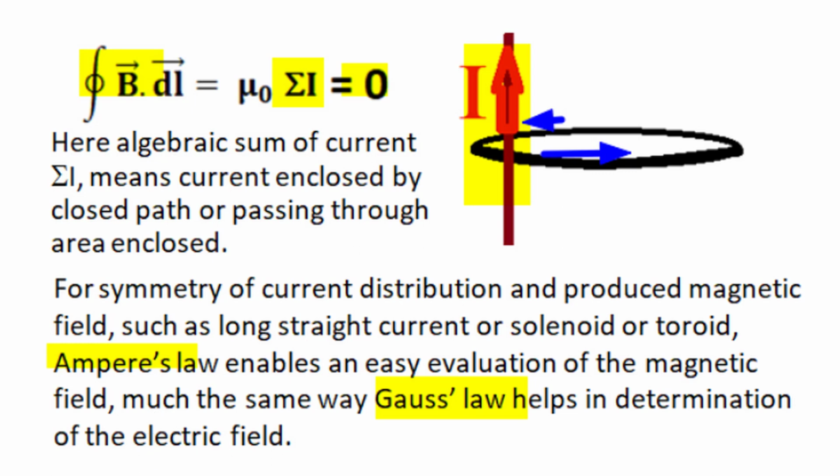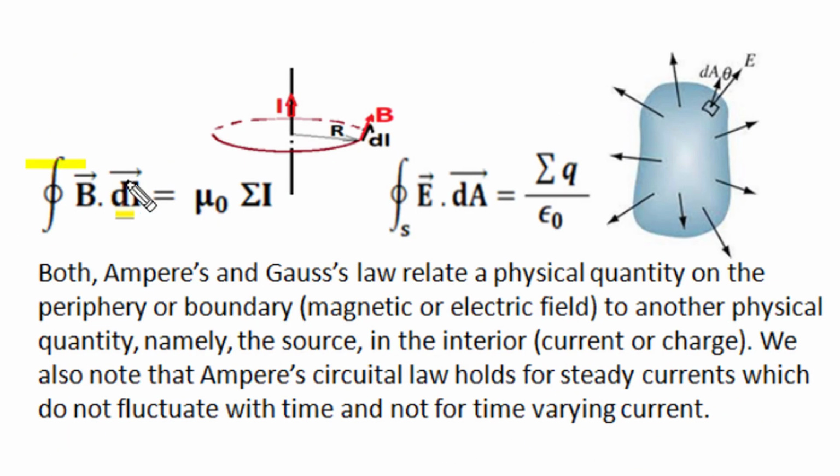of field. In application approach, Ampere's law in magnetic field and Gauss's law in electrostatics are quite identical, and both help us in easy evaluation and determination of field values. Ampere's Circuital law and Gauss's law establish a great similarity between electric field and magnetic field.